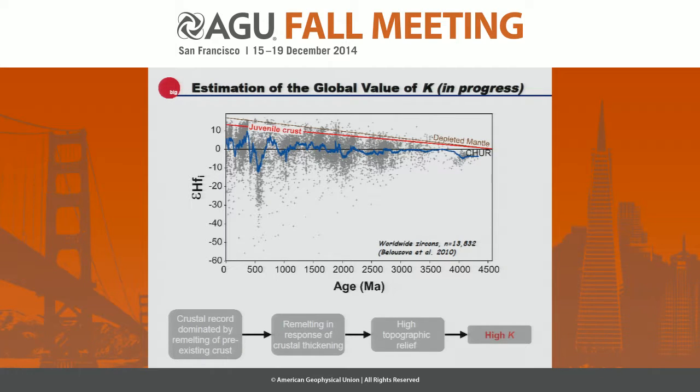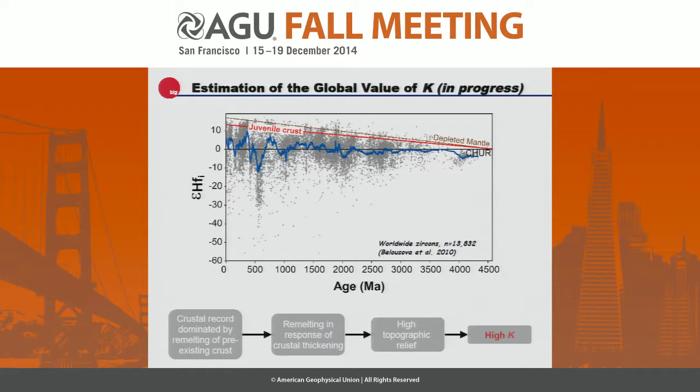So one, if you take just a compilation of the hafnium isotope in zircon as a function of their crystallization ages, this is the data from Belousov et al. that many people have used recently. And if you just try and plot the running average of the data, you see that that blue curve has a way more enriched isotope composition compared to the juvenile crust, for instance.